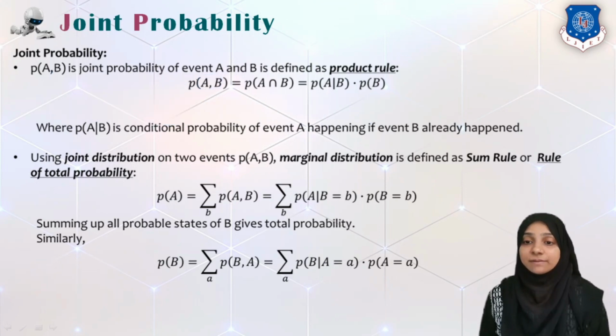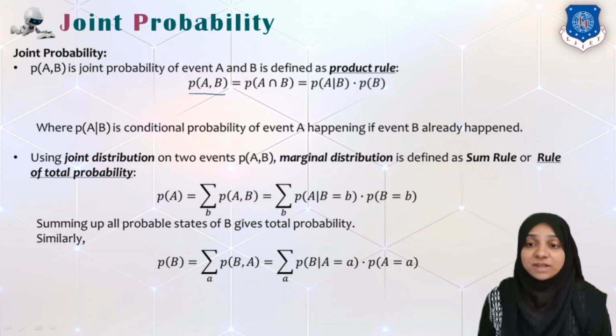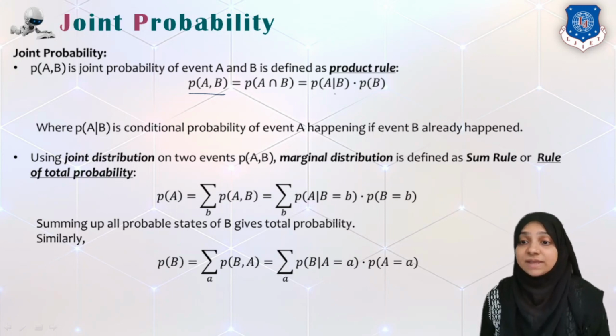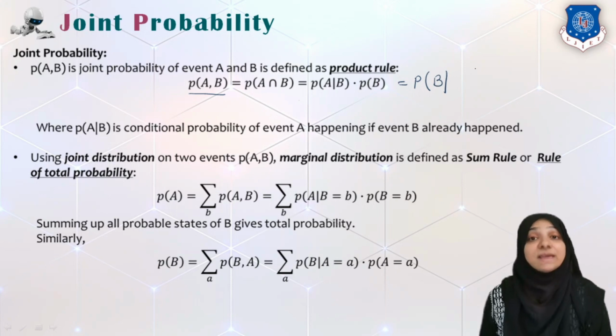So I would write joint probability. Probability of event A and event B is defined as intersection of events A and B, which is known as probability of event A given that event B has already happened into probability of event B, and this can also be extended as probability of event B given that event A has already happened into probability of event A. So this is our joint probability.